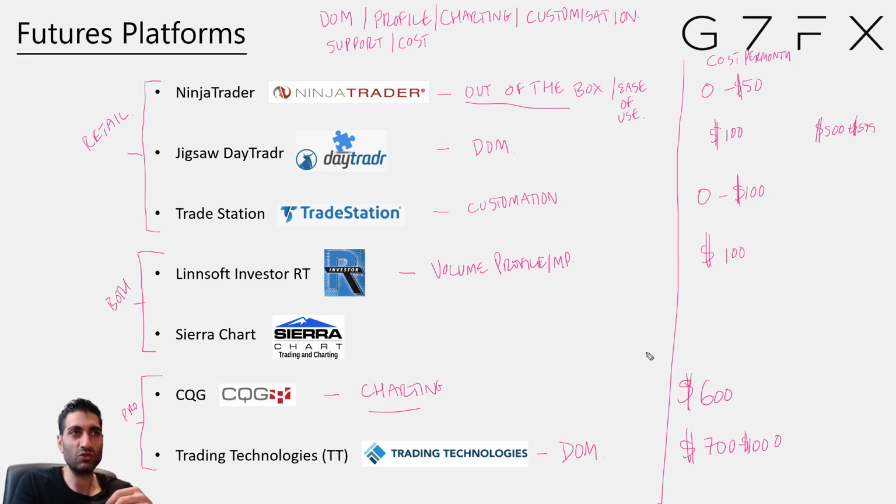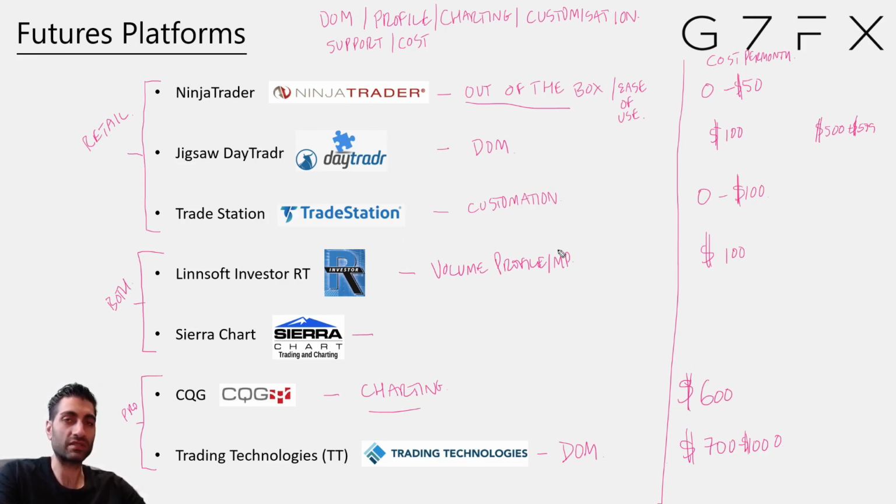Okay, now having used the majority of these, I want to show you why I then moved to Sierra Chart. What I love about Sierra Chart is that they essentially excel in pretty much everything. So if we just recap the others and look at the criteria, every platform, to be fair, excels in something. When it comes to depth of market, Jigsaw and TT are obviously industry leading.